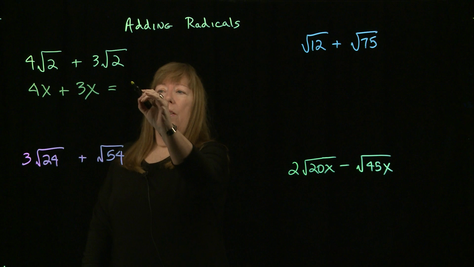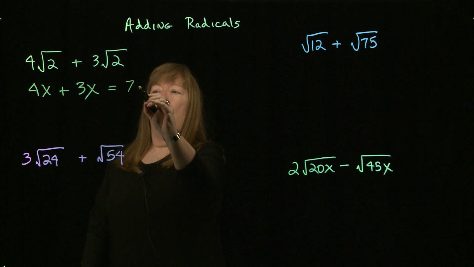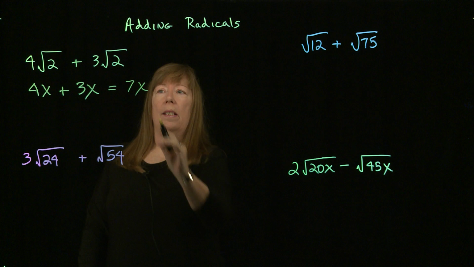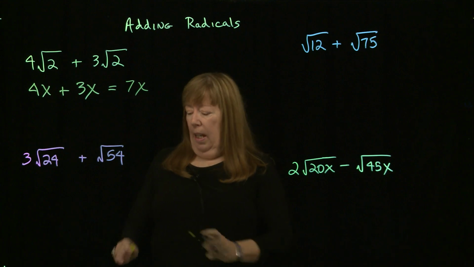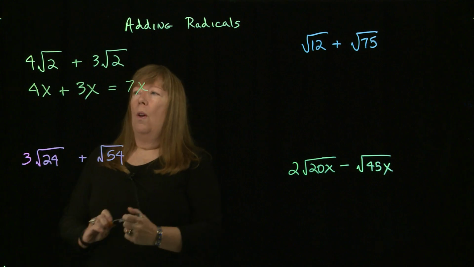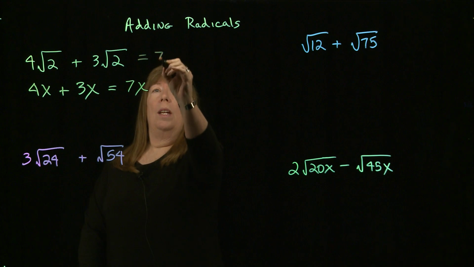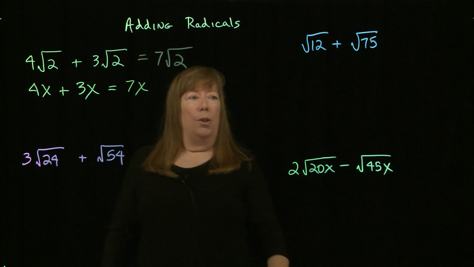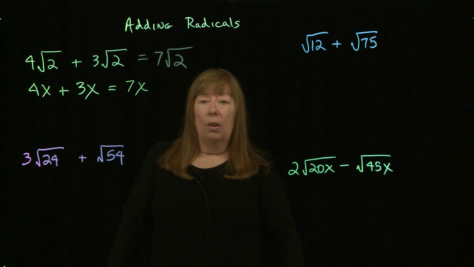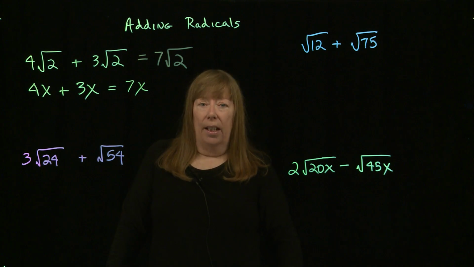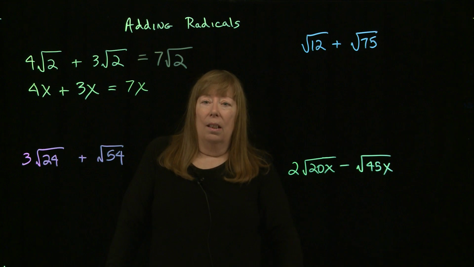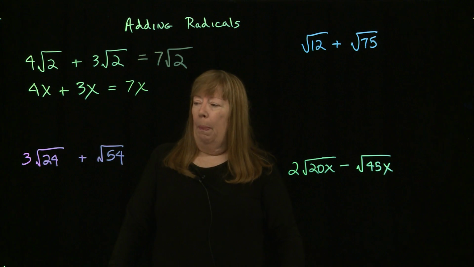You would keep the x and you would add the coefficients. So 4x plus 3x is 7x. It's the same thing for this radical. 4 times the square root of 2 plus 3 times the square root of 2 is 7 times the square root of 2. Those are called like radicals, very much like terms when you're adding with variables.